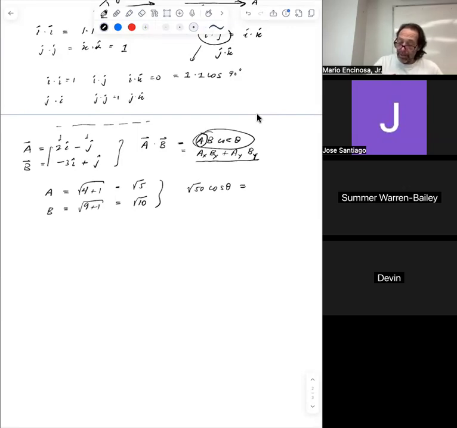That is 2 times minus 3, that's minus 6, plus minus 1 times plus 1, that's minus 1. And I see that cosine theta is equal to minus 7 over the square root of 50, or as it would appear on my general physics exam, theta is equal to the inverse cosine of negative 7 over the square root of 50. Everybody getting that or something like it?